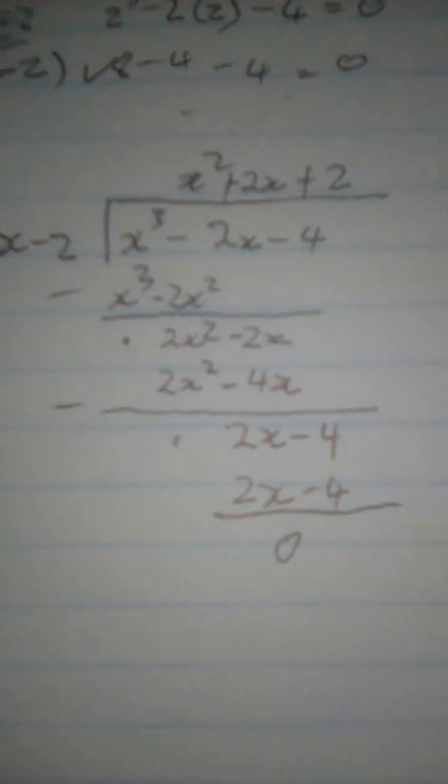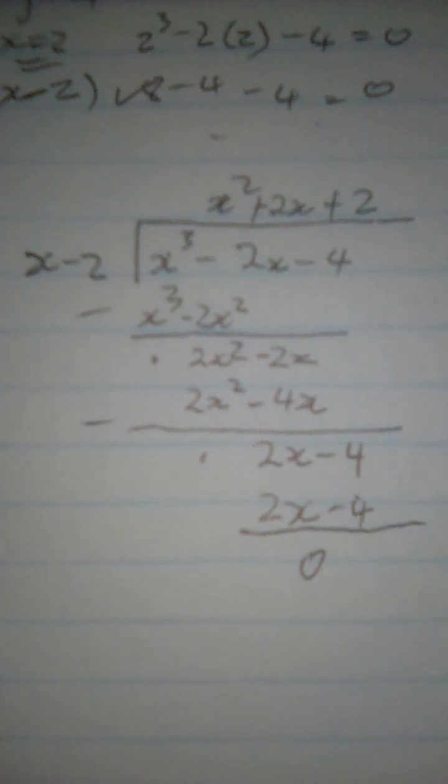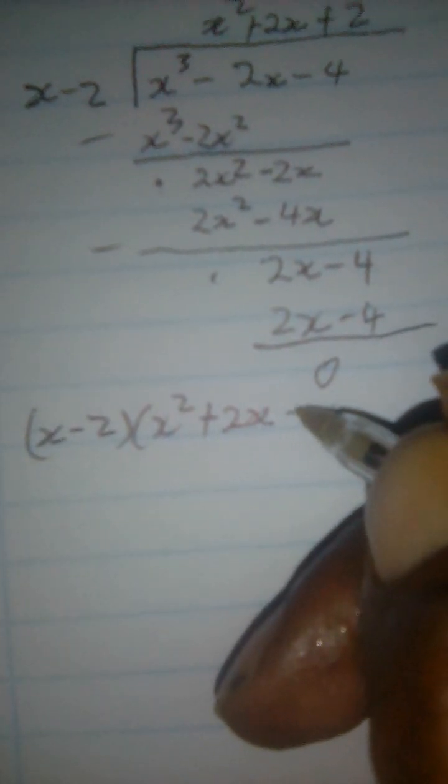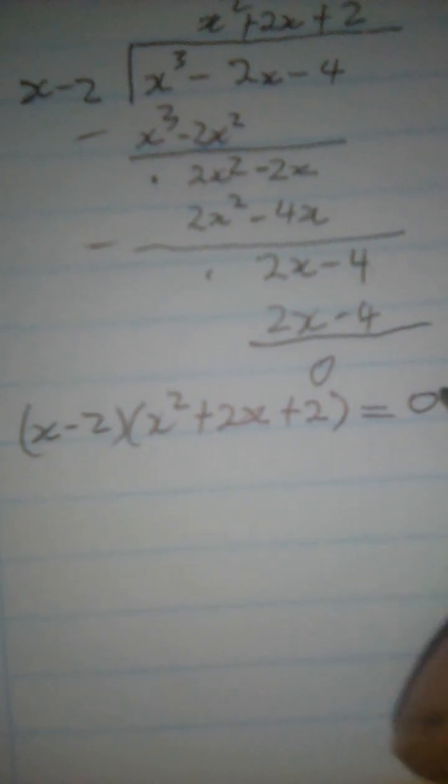So we were correct in saying that x minus 2 is a factor of x cubed minus 2x minus 4. So I'm going to write out the factors. The factors are x minus 2 and x squared plus 2x plus 2, equal to 0.